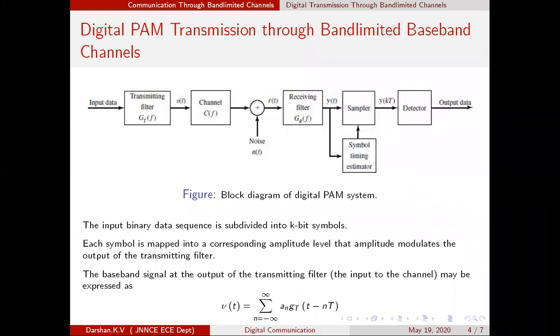So over a duration of time, many symbols are generated, because you are not transmitting only a single symbol.